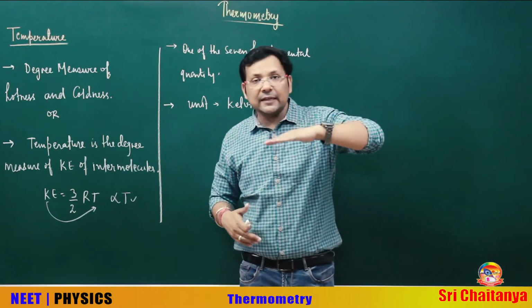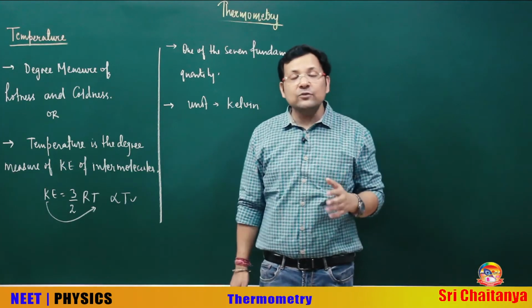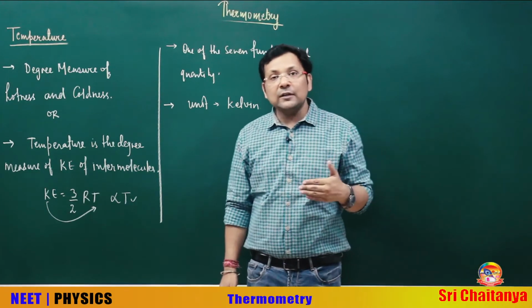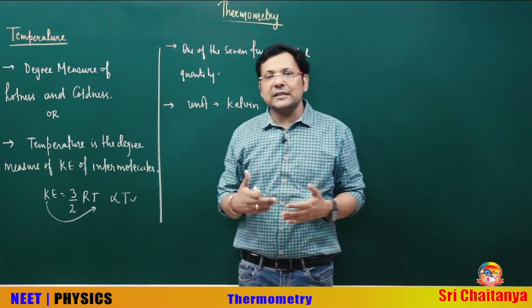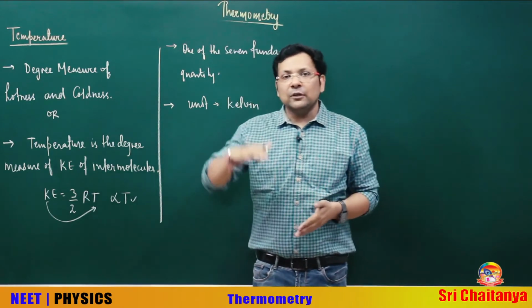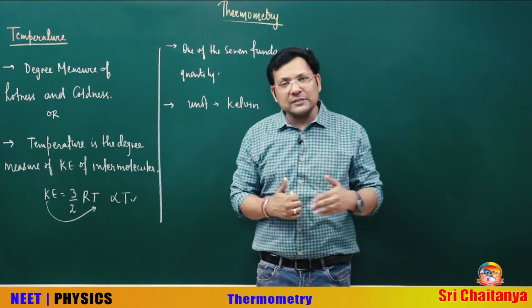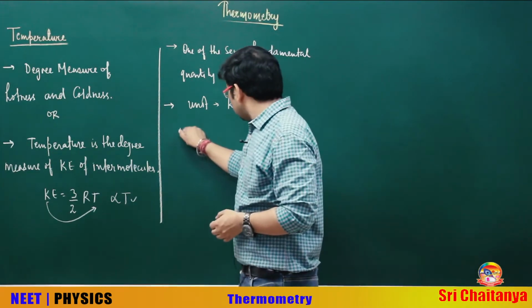There is a critical limit for lowering the temperature, and that is called absolute zero. We cannot lower temperature beyond that. Although in the lab we say that 10 raised to minus 8 Kelvin is possible, practically lowering temperature below 0 Kelvin is not possible.